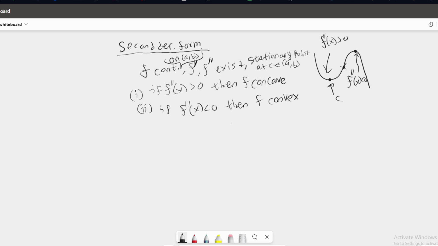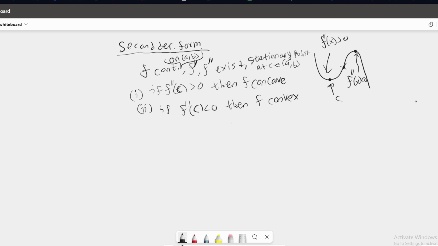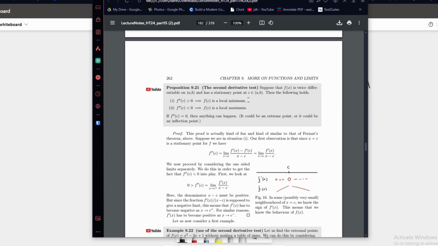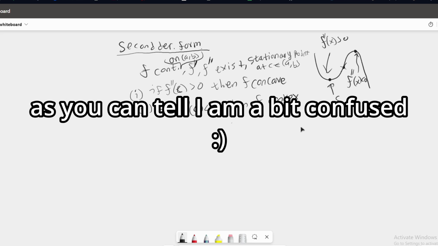I guess that would be a good thing to also mention. We have f of c convex. Let's see if this aligns again. So it is a stationary point. Well, that's interesting.